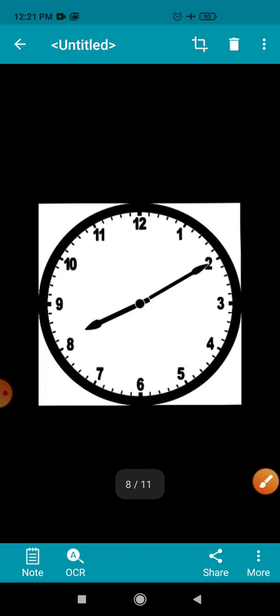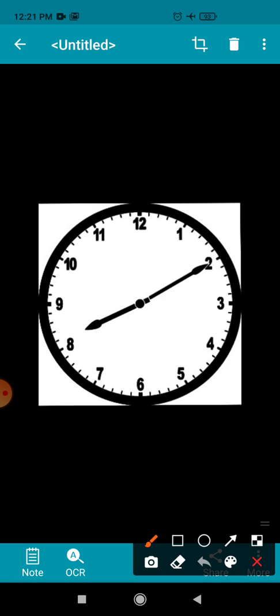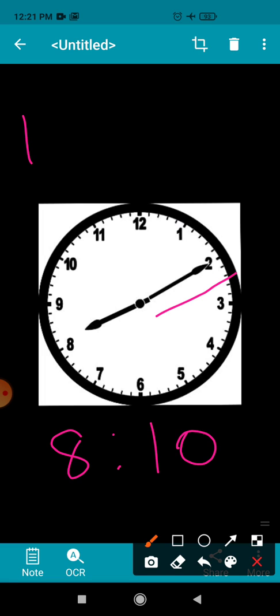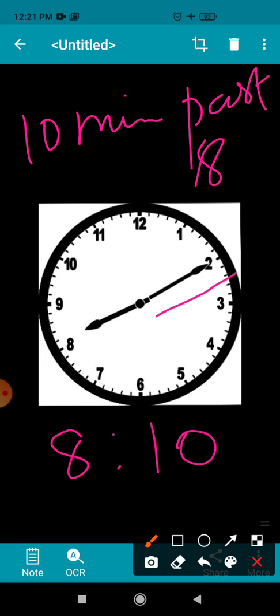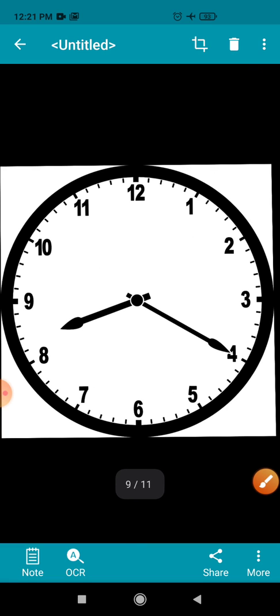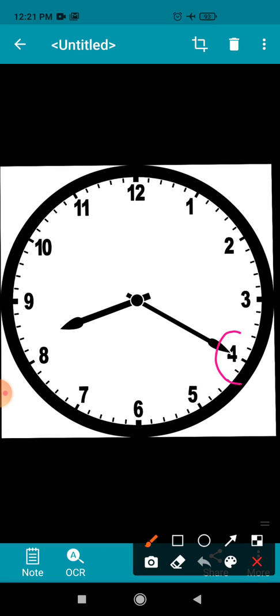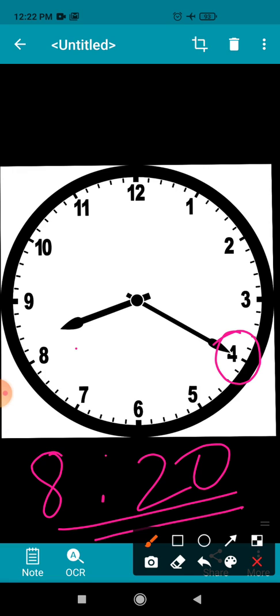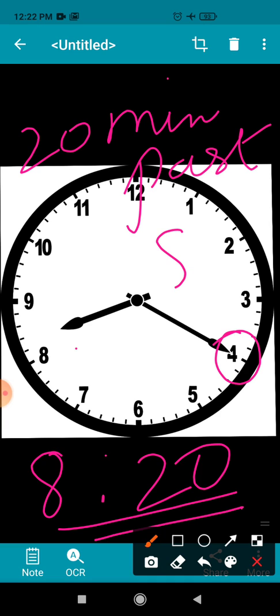Now the long hand is on 2, 5 twos are 10, so it will be written as 8:10 and read as 10 minutes past 8. Now next example. Here the big needle is on 4, 5 fours are 20, and the small needle is on 8, so 8:20, or you will read it as 20 minutes past 8.